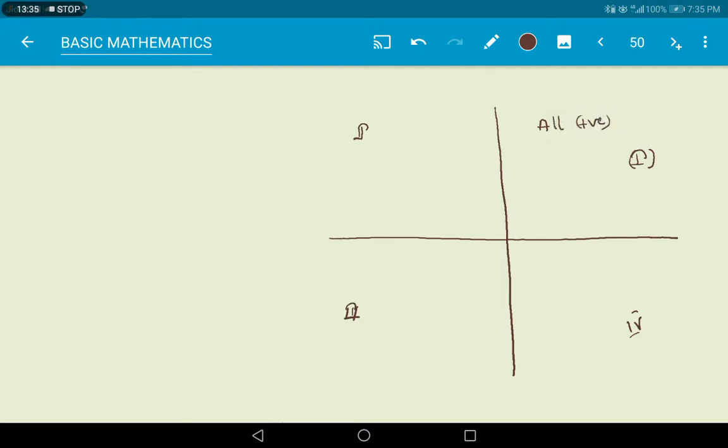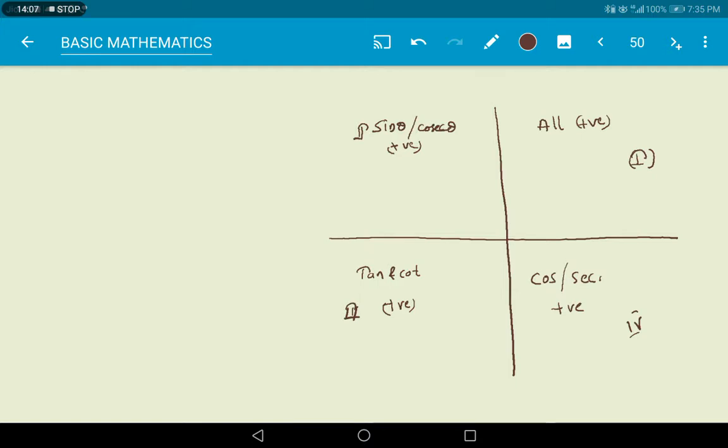In the second quadrant, only sine and cosec are positive, and in the third, tan and cot functions are positive, and here in the fourth, cos and secant functions are positive.